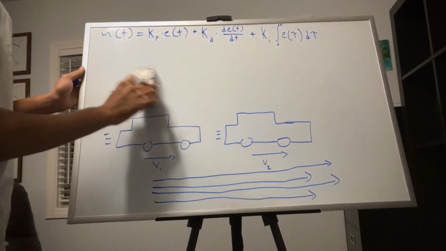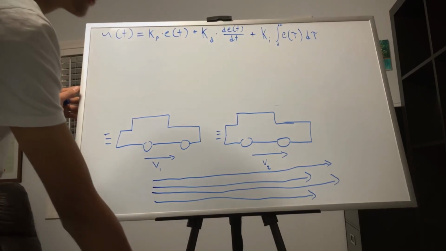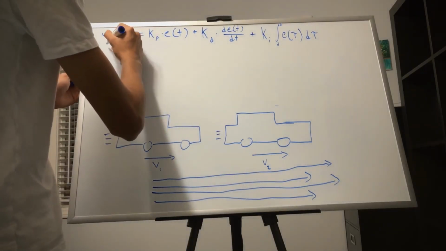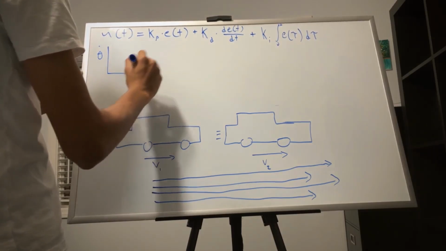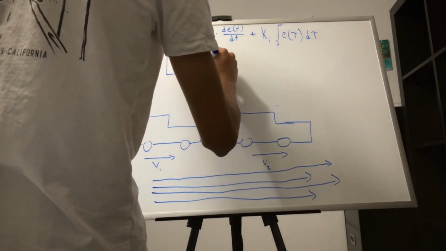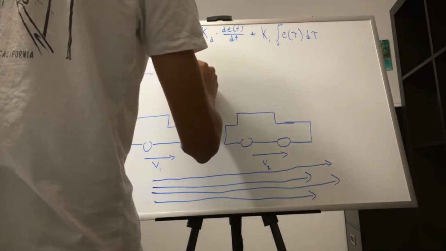I'm going to redraw our graphs. So this is going to be change of angle versus time. This one's going to be our velocity versus time.